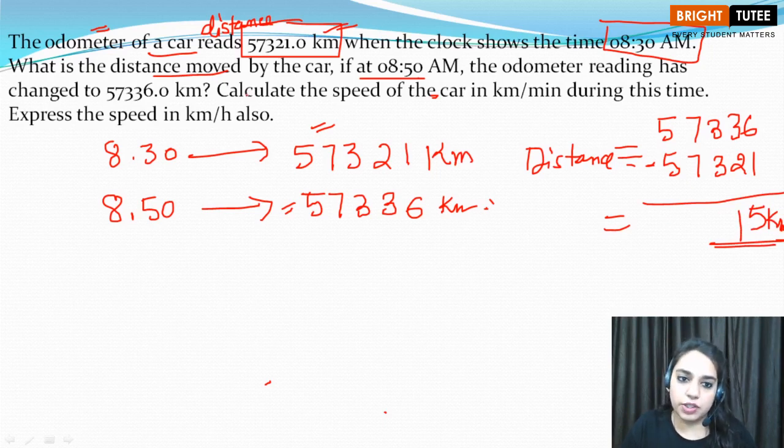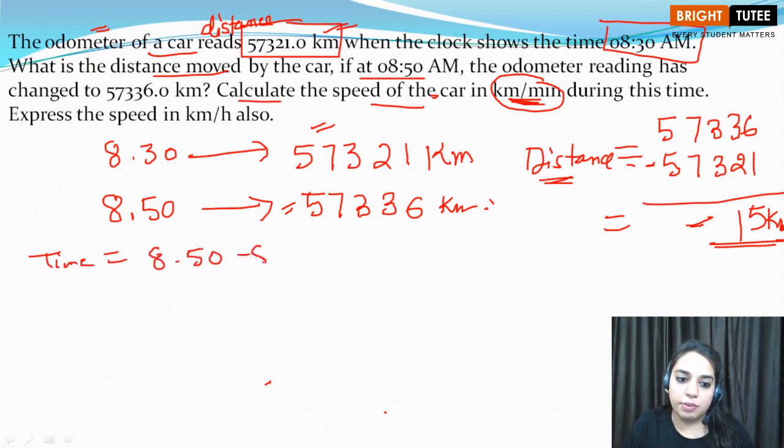Next part of the question is asking you to calculate the speed of the car in kilometers per minute. So children, you have distance which is 15 kilometers and what is the time taken? You can find the time also by subtracting the initial time from the final time, that is 8:50 minus 8:30. It gives you the time 20 minutes. So children, what will be the speed?